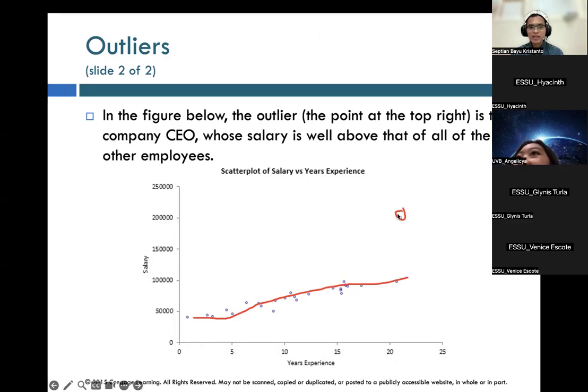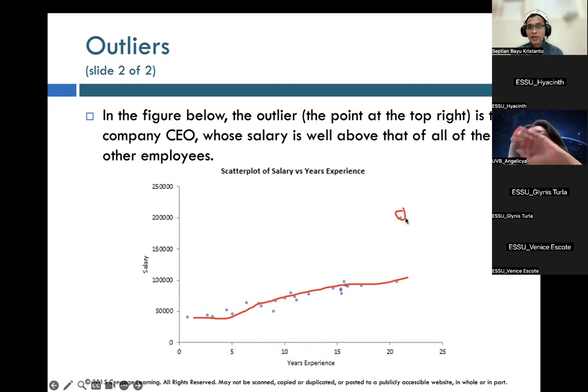This is probably the data for the CEO or the directors, who get a salary out of the average. If the other people have a salary of no more than 10 million, this one person gets a salary of 20 million.